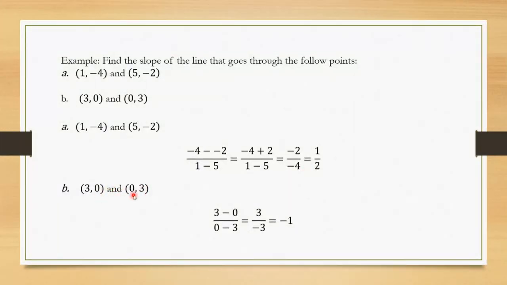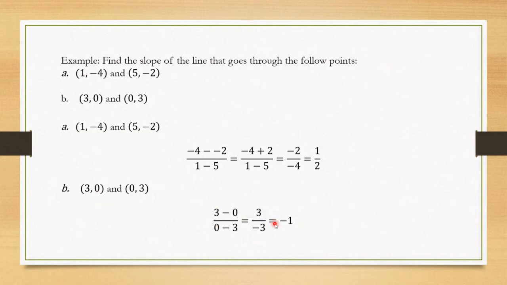Also, we have these two points, just another example: 3, 0 and 0, 3. Same idea. We have change in y over change in x, so 3 minus 0 over 0 minus 3. The 3, 0 comes from the same point, and 0, 3 comes from the same point as well.